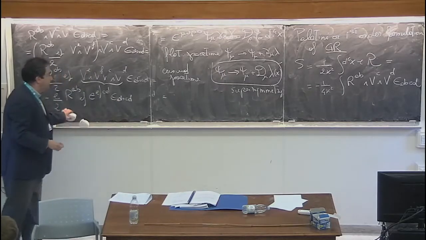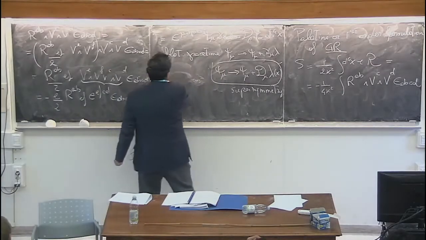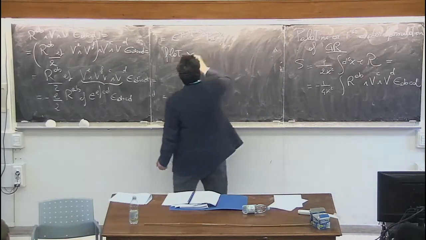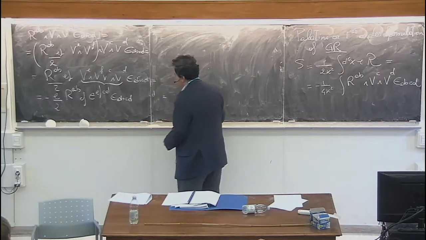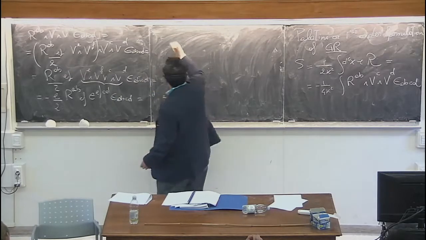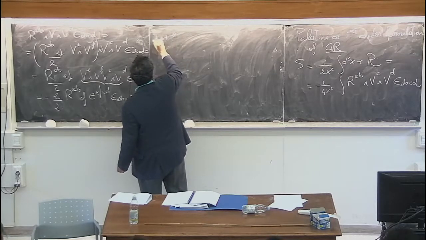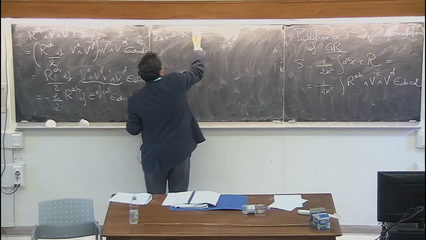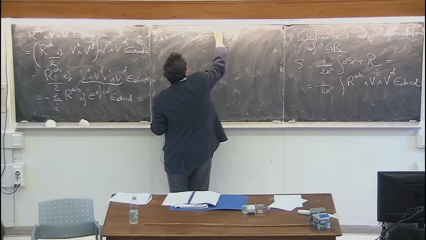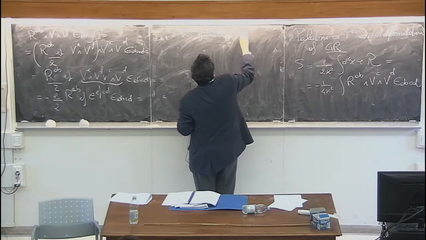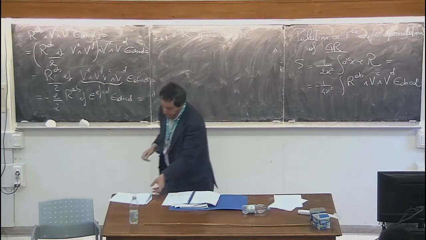Now you use the properties of epsilon symbols, and you get plus 2 times a delta, R^AB_EF delta^EF_AB, which is twice R, the curvature scalar.